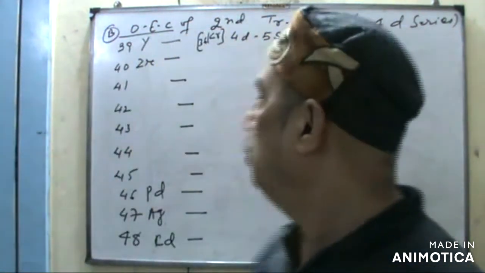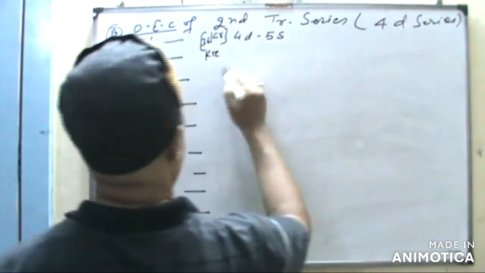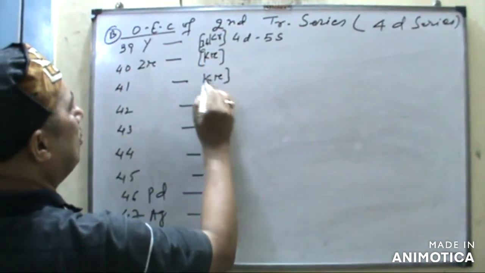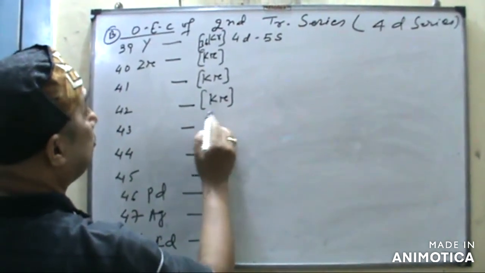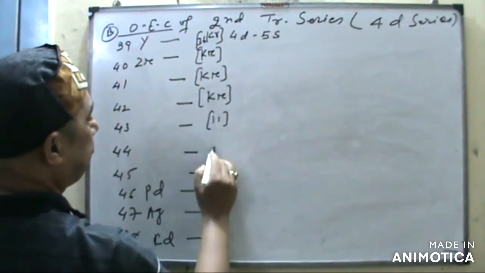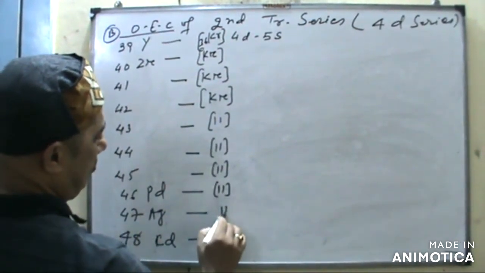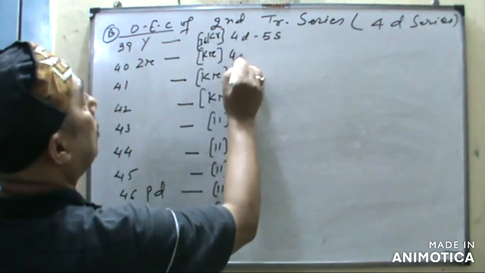So write krypton, and then the 4d and 5s.